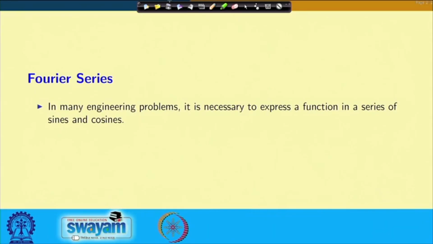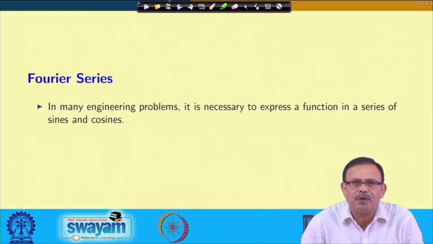What is a Fourier series? In many engineering problems, it is necessary to express a function as a series of sine and cosine functions. Please note this one, that if a function f(x) is given to us, we can express it in terms of sine series and cosine series.